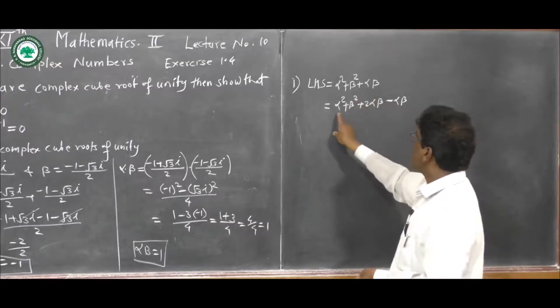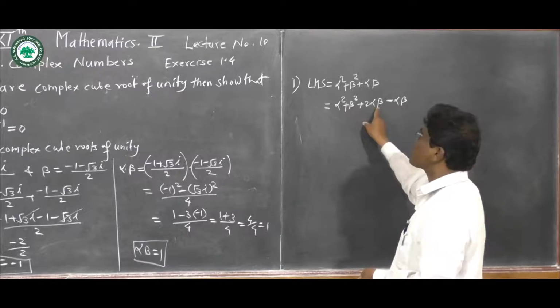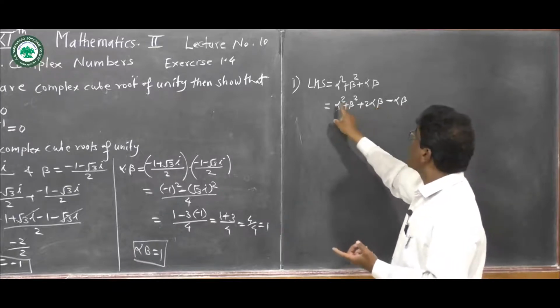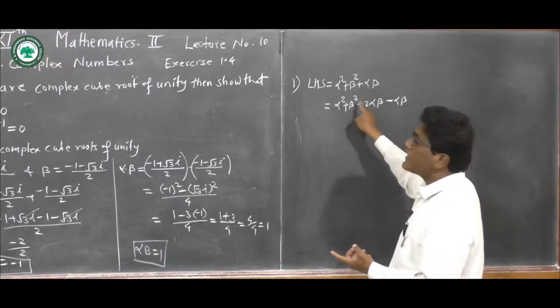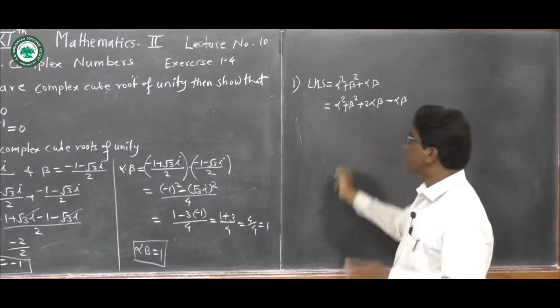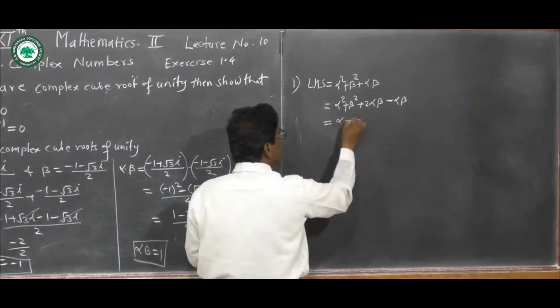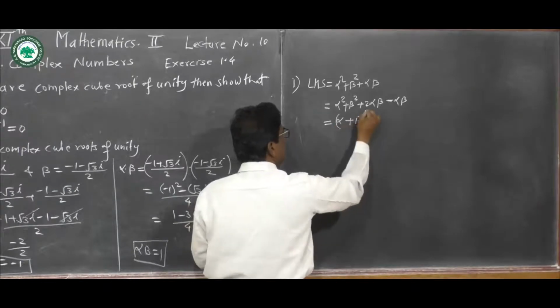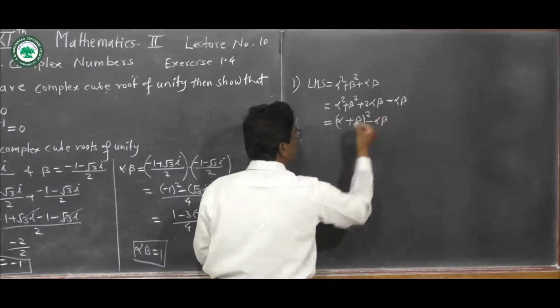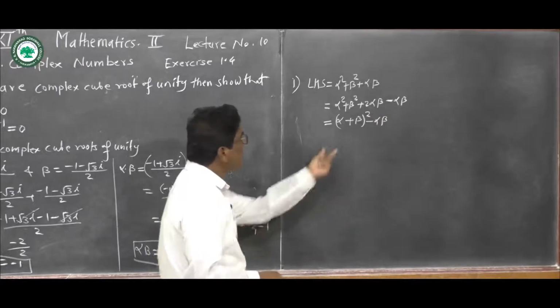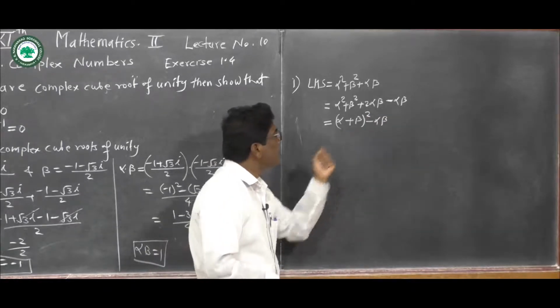Now we see a square plus b square plus twice ab. Use the formula a square plus twice ab plus b square is equal to (a plus b) bracket square. So a is alpha and b is beta, (alpha plus beta) bracket square minus alpha beta. Now we know the value of alpha plus beta and alpha beta.